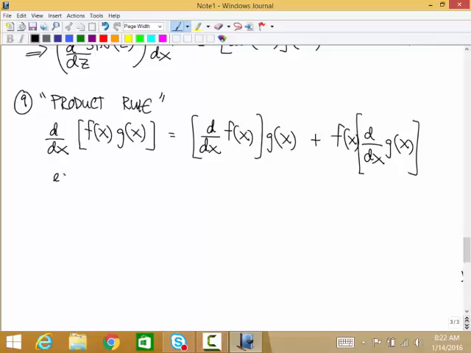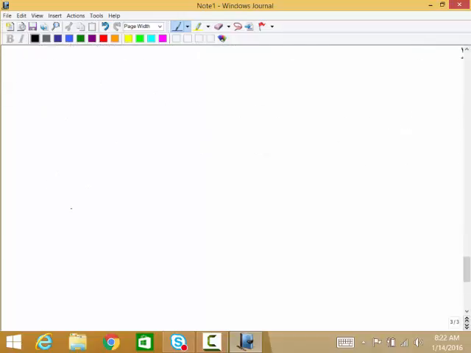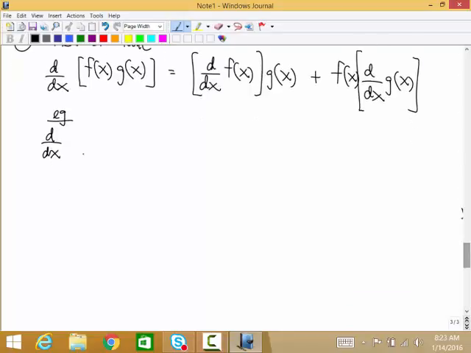So, for example, d dx of x squared times cosine x is equal to the derivative of x squared.